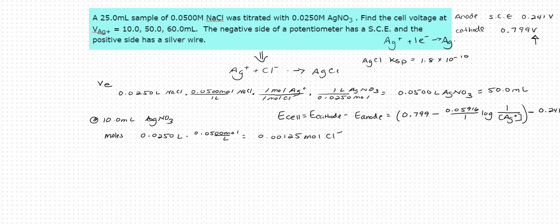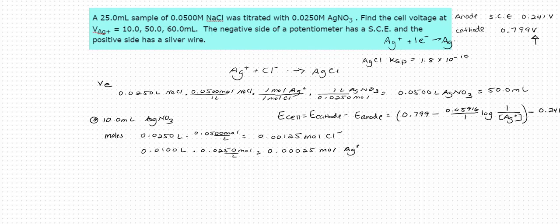And with the silver, I now have 10 milliliters of a 0.0250 mole per liter solution. So I have added 0.12325 moles of silver.